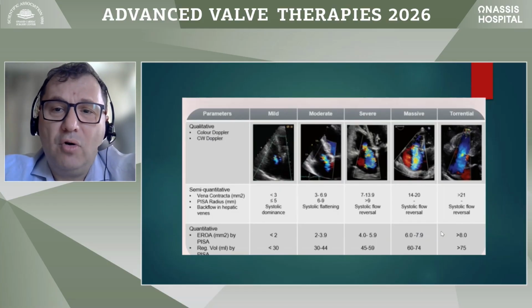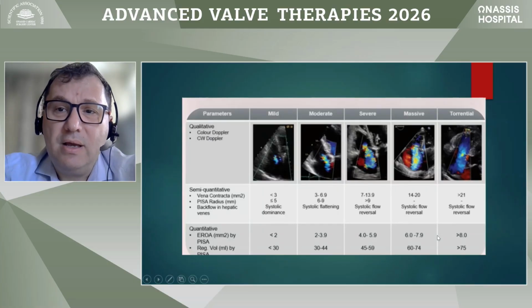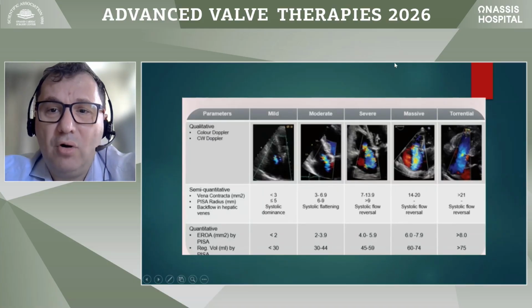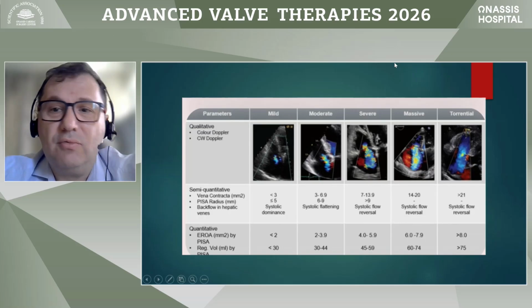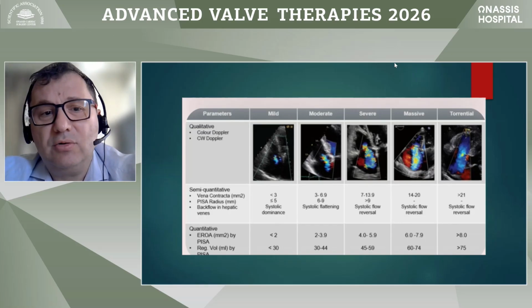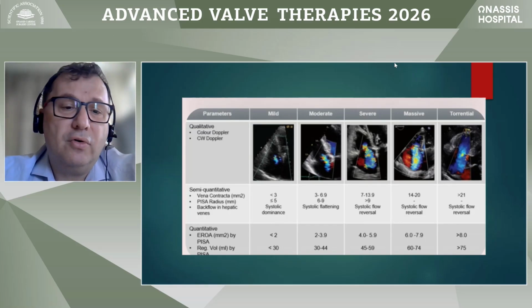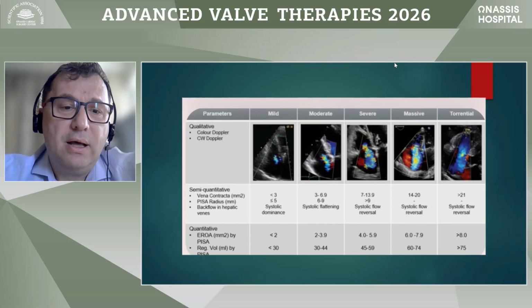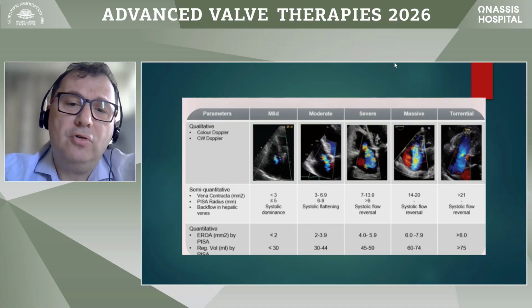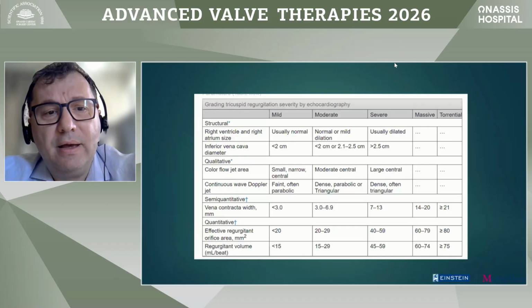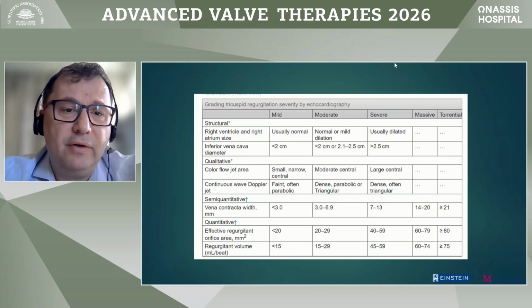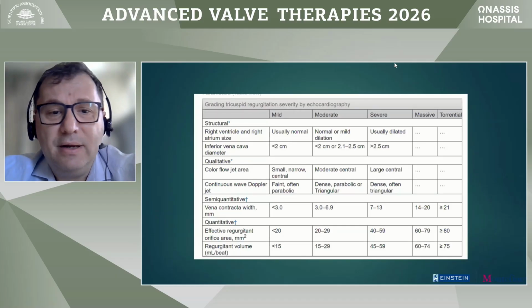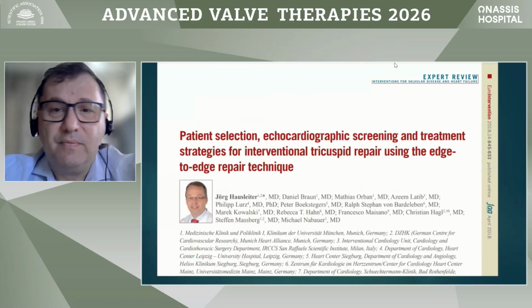If it's more than 14 millimeters, it is a massive one, and if it's more than 21, then we talk about torrential tricuspid valve regurgitation. Of course, we can also take into consideration the EROA, the regurgitation volume, the diameter of the inferior vena cava, and other echocardiographic parameters.